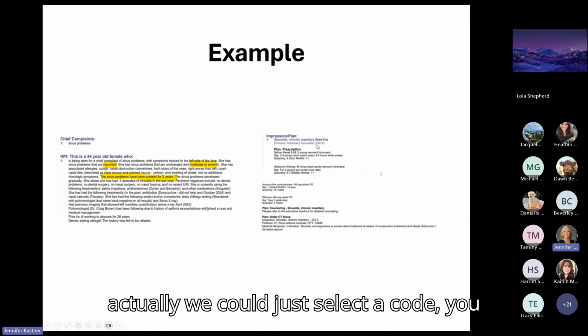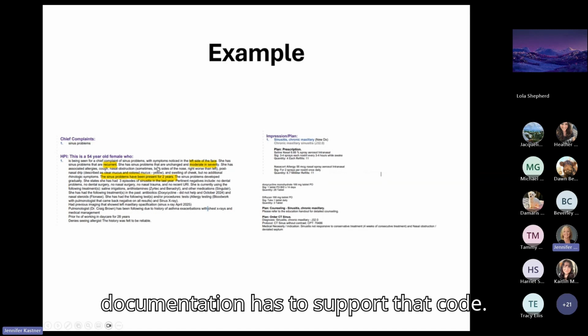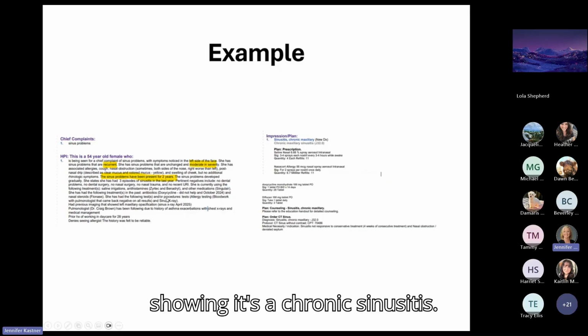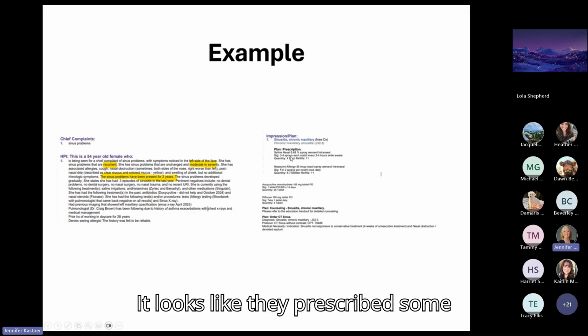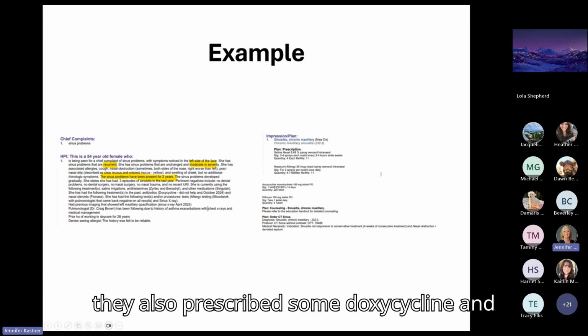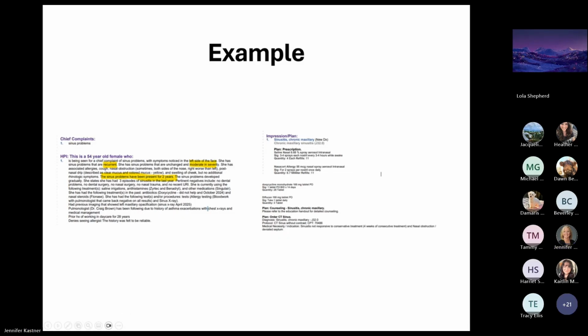We could just select a code, but the documentation has to support that code. So this definitely is supportive. It's showing it's a chronic sinusitis. It looks like they prescribed some over-the-counter sprays, but then they also prescribed some doxycycline and Diflucan. They also ordered a CAT scan.